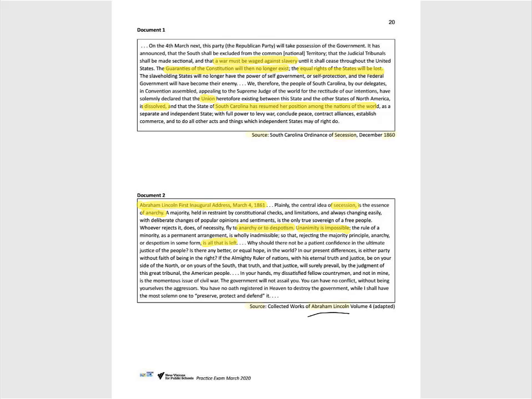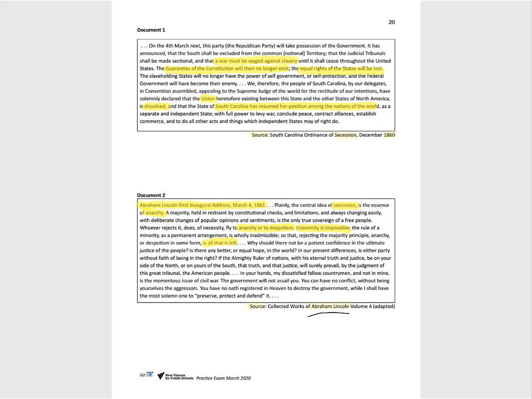Why should there not be a patient confidence in the ultimate justice of the people? Is there any better or equal hope in the world? In our present differences, is either party without faith of being in the right? If the almighty ruler of nations, with his eternal truth and justice, be on your side of the north, or on yours of the south, that truth and that justice will surely prevail by the judgment of this great tribunal, the American people.